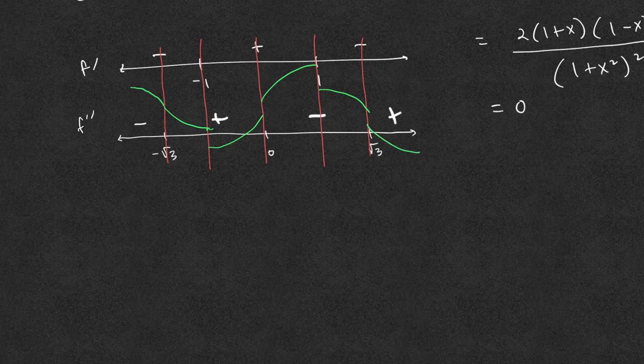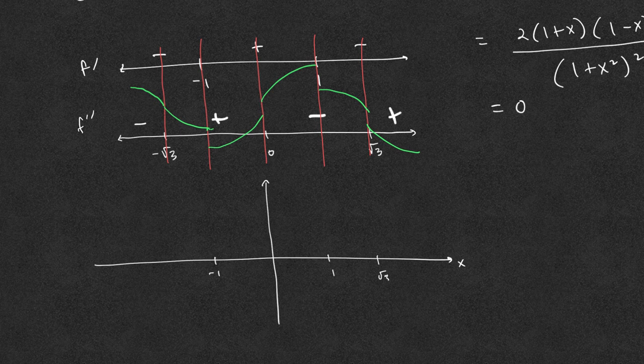We then put everything together to sketch the graph of f, using these cut points as reference: negative 1, 1, root 3, and negative root 3.